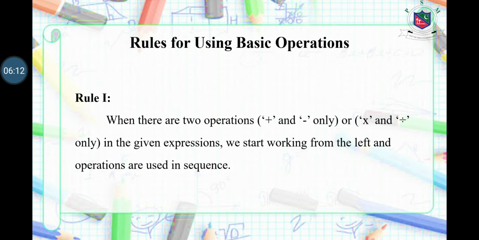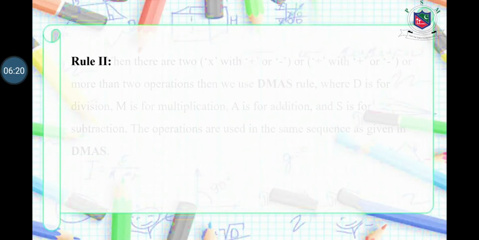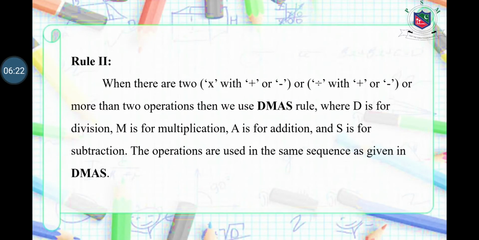In the same way for multiplication and division. But dear students, according to the second rule, when there are two multiplication with plus or minus, or division with plus or minus, or more than two operations, then we use DMAS rule, where D stands for division, M stands for multiplication, A stands for addition, and S for subtraction.